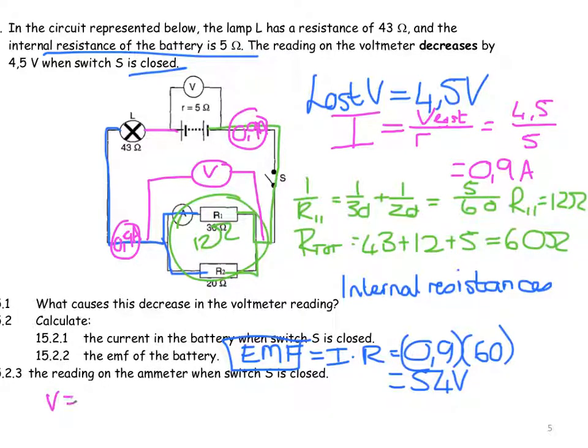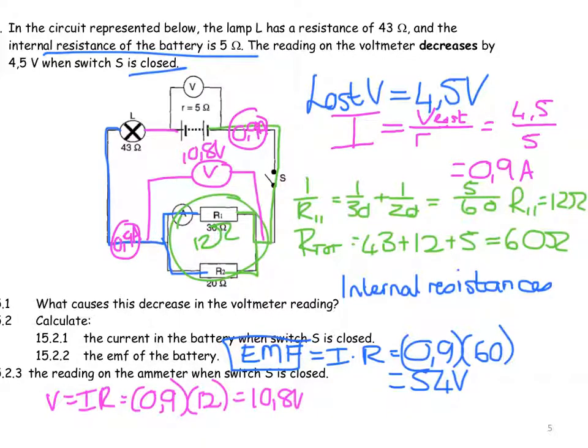I'm going to say V is equal to I times R. I can use all the current because the whole parallel network needs all the current. The parallel network's resistance is 12, and therefore I land up with 10,8 volts. Once I've got that 10,8 volts, I'm in a position to say that I would like to know just the top branch.